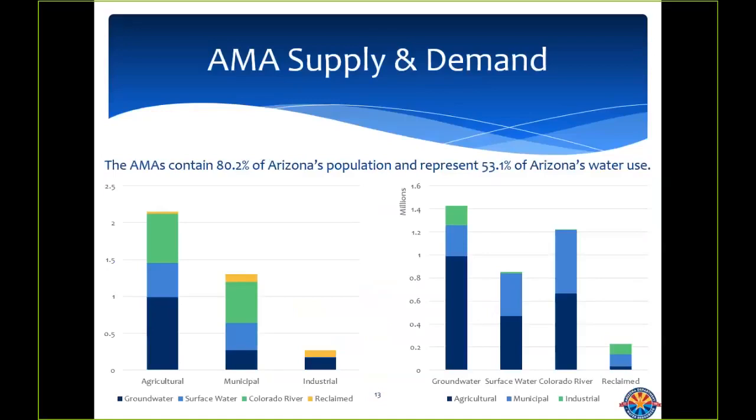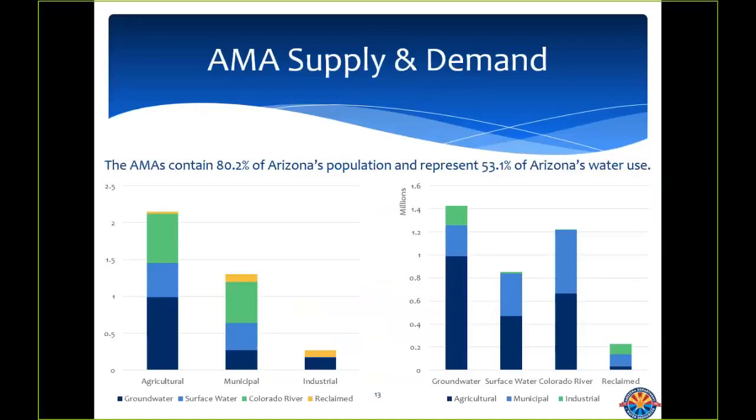What this reflects is 80% of the state's population and a little over 50% of Arizona's water use. What you can see here is that municipal water use inside the AMAs is about 35% of the AMA use. That number is about 20% for a statewide number.